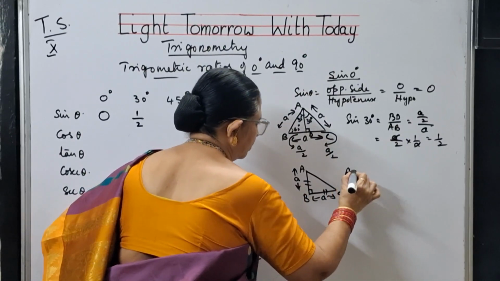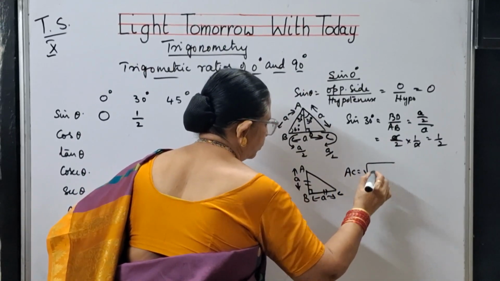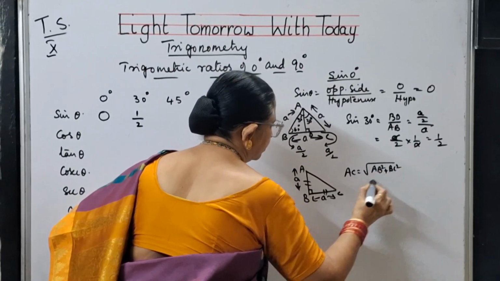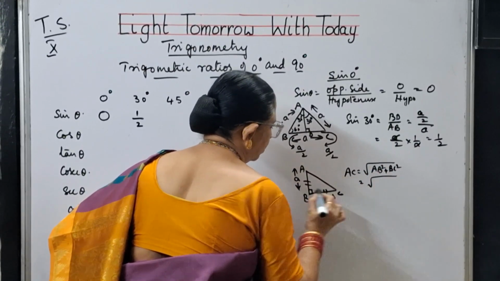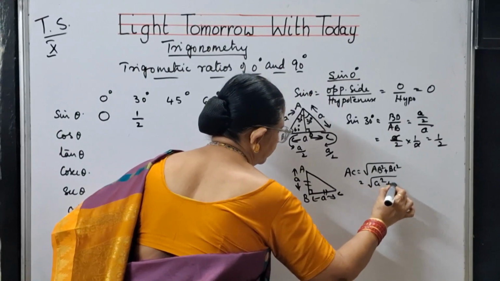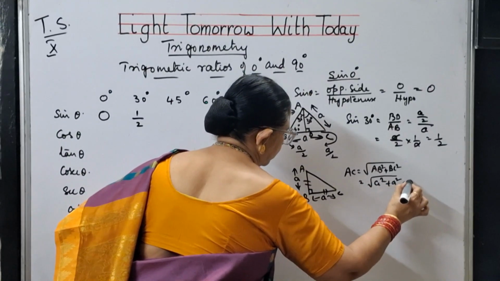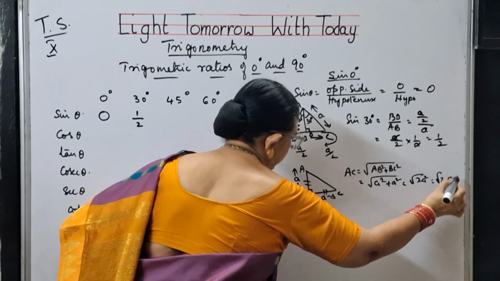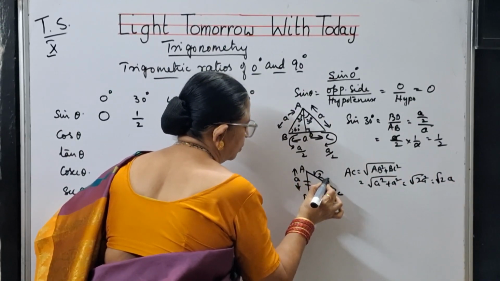So what is AC, children? AC is root of AB square plus BC square. That is equal to root of a square plus a square. That means root of 2a square, that is root 2 a. So this becomes root 2 a.